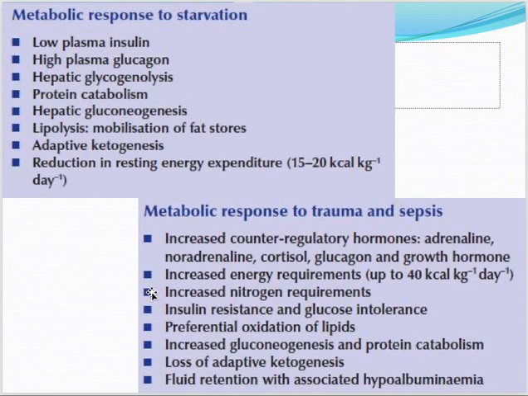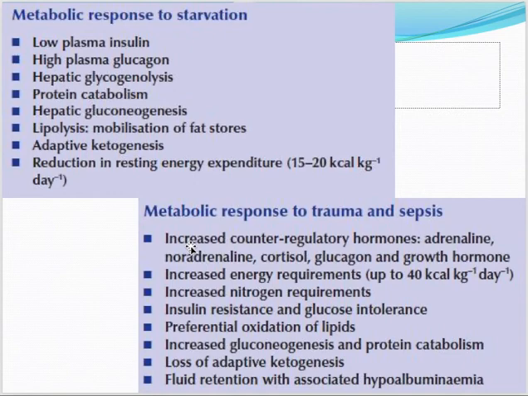This thing is also called the neuroendocrine response. We know what the endocrine system is, and we know there is a pituitary gland, which is very closely related, placed, attached, and connected with the hypothalamus.